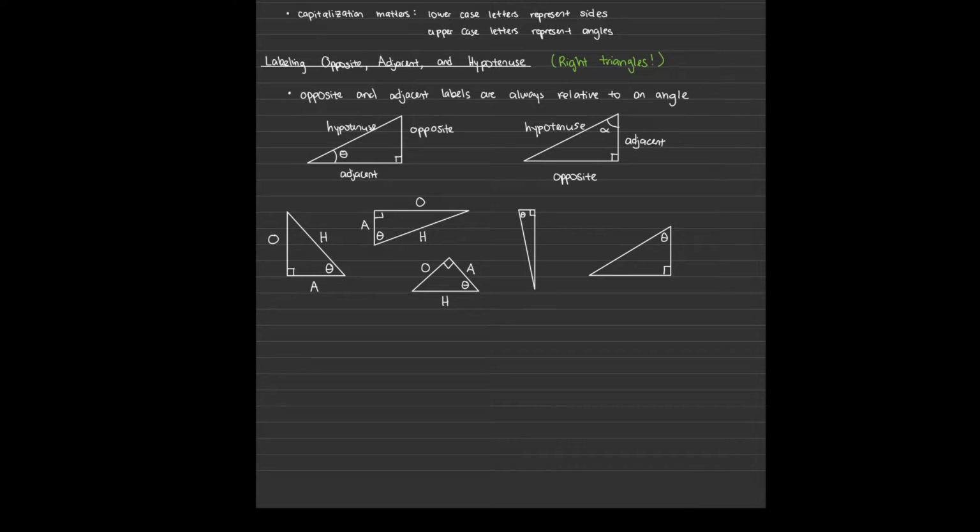This one tends to be a little bit trickier. Here's my hypotenuse, because here's my right angle, so I'm going straight across from that. If I put my thumb, or any kind of my finger, on my angle theta, the one side I'm not touching is this one, so here is my opposite side, and then the adjacent side is up top. Alternatively, you can start with the adjacent. Well, here's my angle theta, here is my right angle, so the side that connects them is the adjacent side.